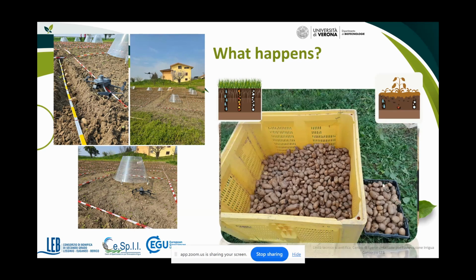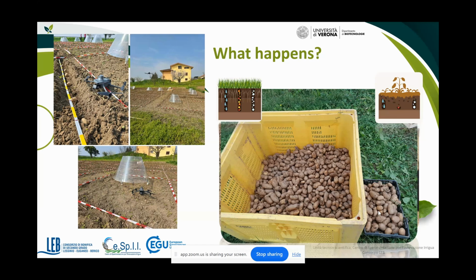On the left, you see the amount of potatoes that were picked up outside the chambers and the ones that were picked up inside the chambers. And mind that this is the same amount of plants. So the 2 degrees change didn't impact much the size of the production, but definitely the volume of products. We saw this in the field. We measured the changes in soil properties, and this was the result of about a 1% decrease in soil organic carbon.